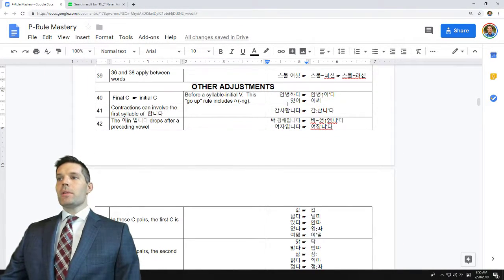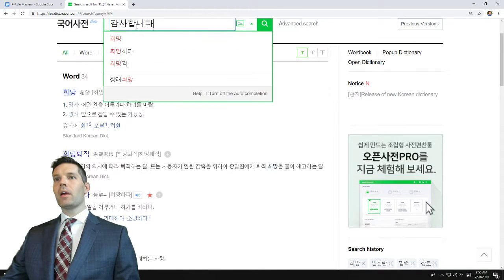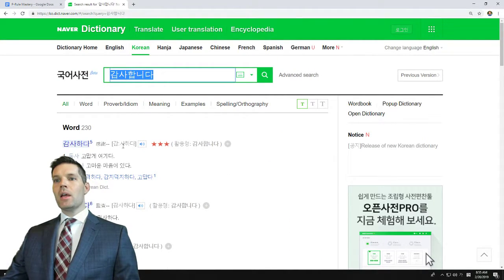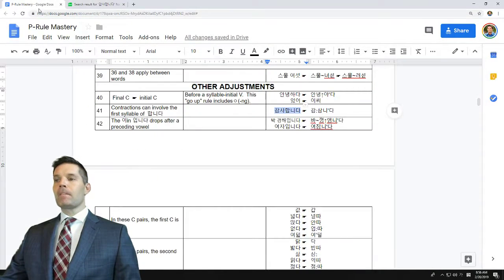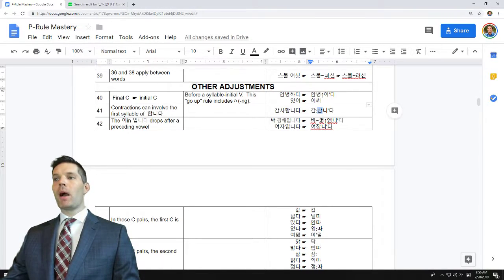Couple last adjustments. 안녕하다, we've been through that. 있어, 감사합니다. So here, if I were to look this up, I don't know if they are going to have the full conjugation there. Yeah, so they're just going to put 감사하다. But definitely when you're speaking, it becomes like 감사합니다, where like 줄임말 just kind of contracted there.